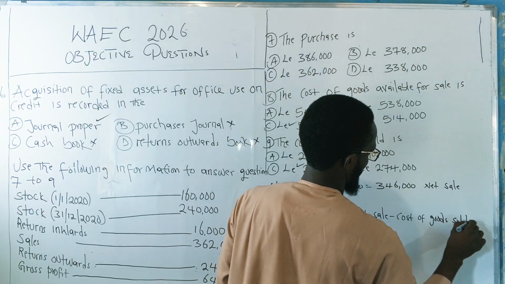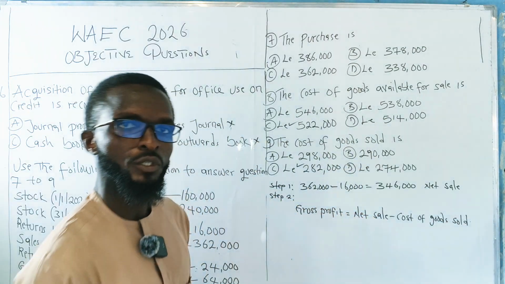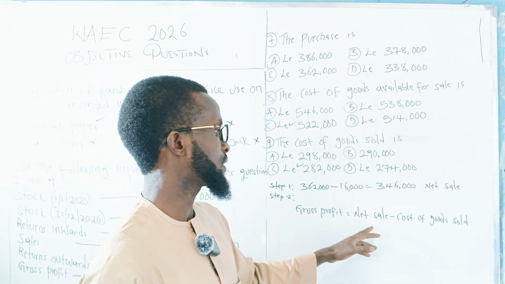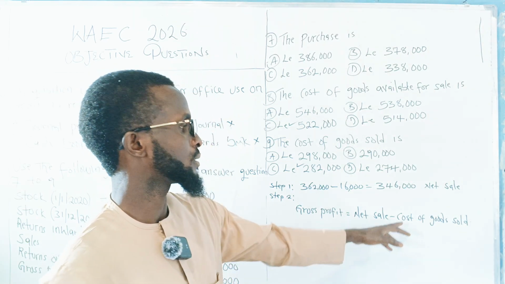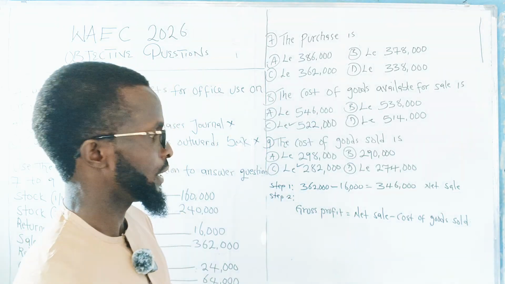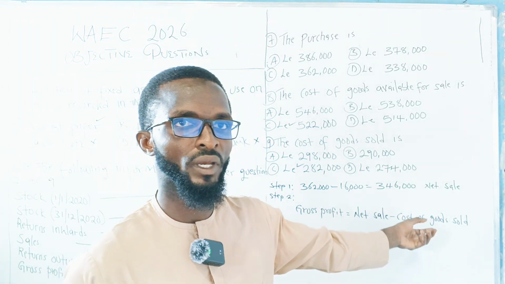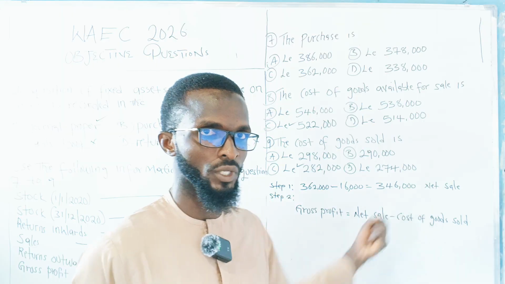Gross profit equals net sales minus cost of goods sold. Now we are trying to find the cost of goods sold, so we make the cost of goods sold the subject.